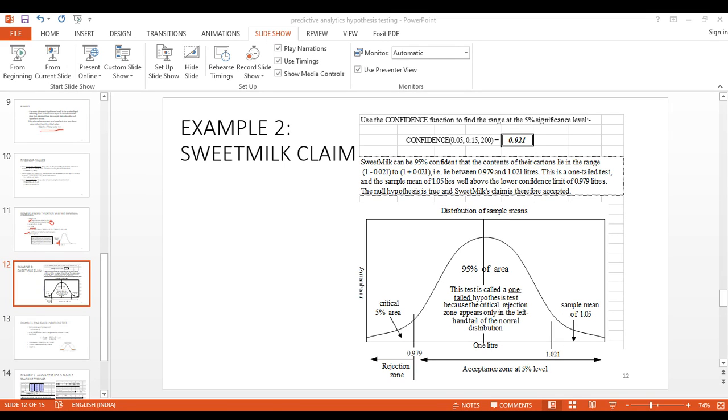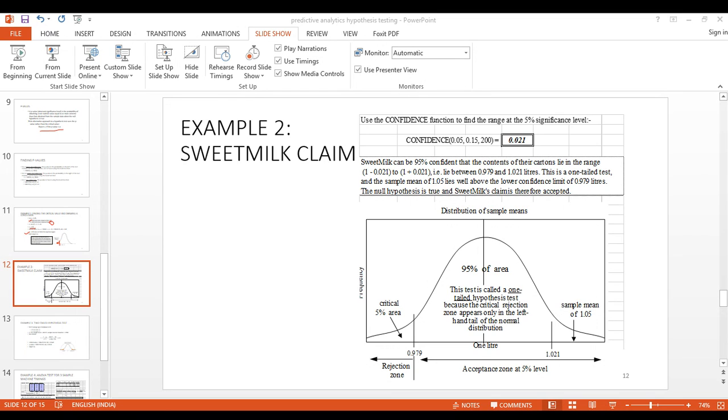So of course the average milk per bottle is supposed to be 1 liter, and we subtract this value from our 1 liter, so it becomes 0.979, and then add it to this. So our confidence interval goes from 0.979 to 1.021. And of course we are looking at a one tail test, that our mean amount of milk in a bottle is more than 1 liter.